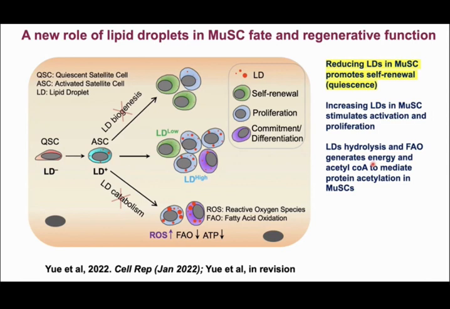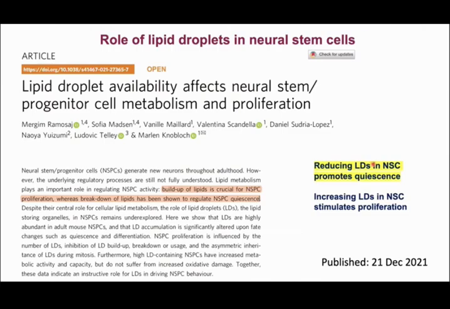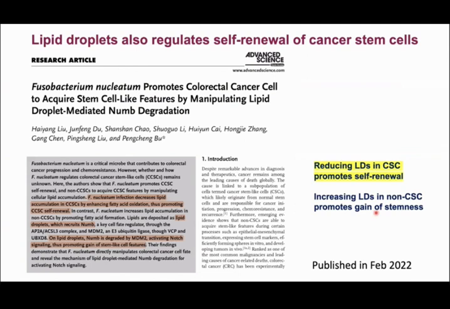So we were very excited to find out, when we published the paper, that another group studying neural stem cells also found that reducing lipid droplets in neural stem cells promotes quiescence, and increasing lipid droplets stimulates proliferation. There are similar studies in cancer stem cells and intestinal stem cells.